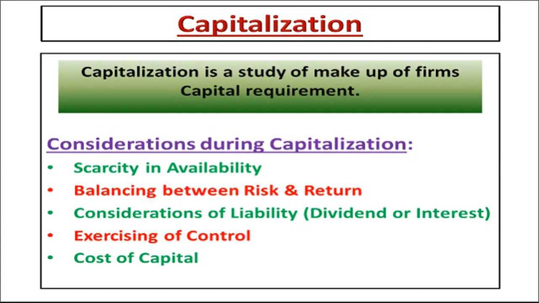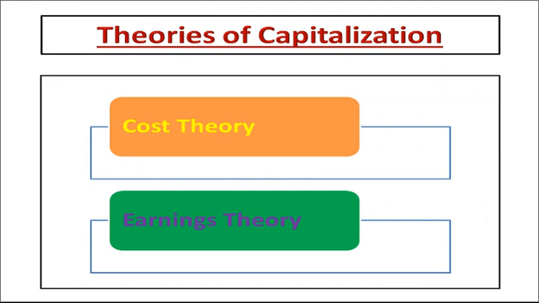Now moving further, let us see the various theories of capitalization. Friends, there are two major theories of capitalization: one is the cost theory and another is the earnings theory.